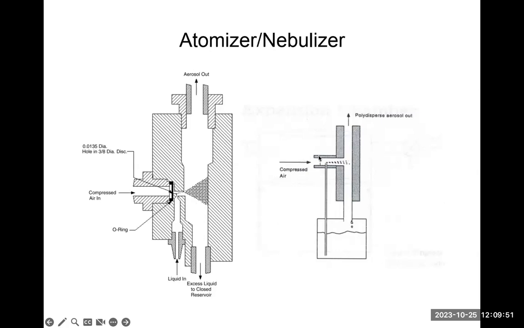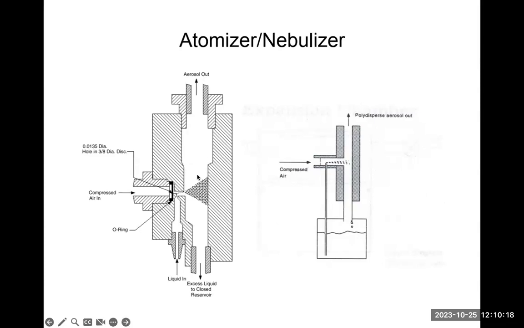So a similar mechanism is shown here, right? You have compressed air, and here they have a nozzle where you can generate this high-speed gas stream, and then it's going to blow the liquid, and also fragment them, right? And further get impinged onto the wall, and then you can get these aerosols out. But we also need to note that when we generate droplets, we didn't specifically control the size of these droplets.